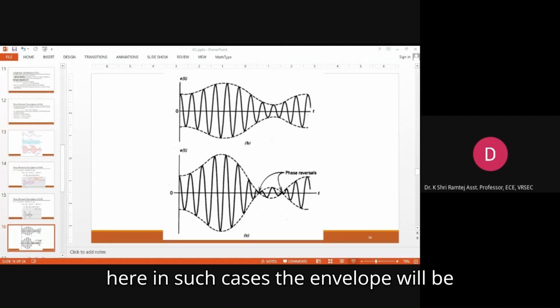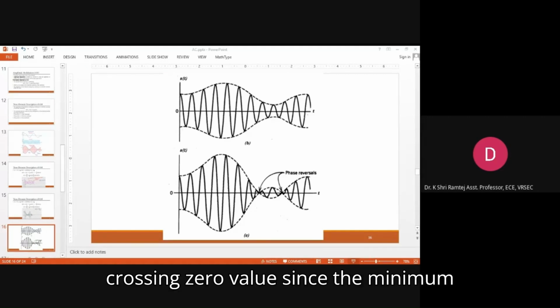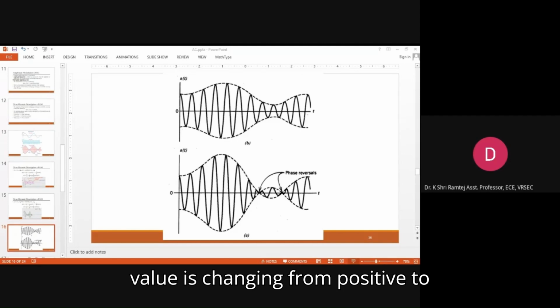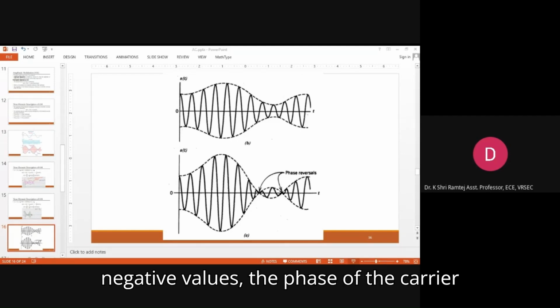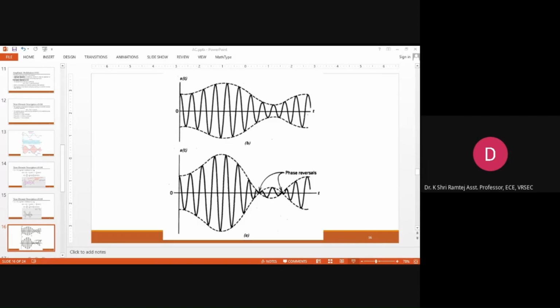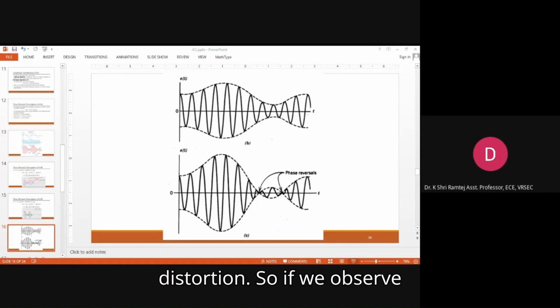In such cases, the envelope will be crossing zero since the minimum value is less than 0. At these zero crossing points, since the value is changing from positive to negative, the phase of the carrier will be shifted by 180 degrees. These phase reversals will cause a distortion called envelope distortion.